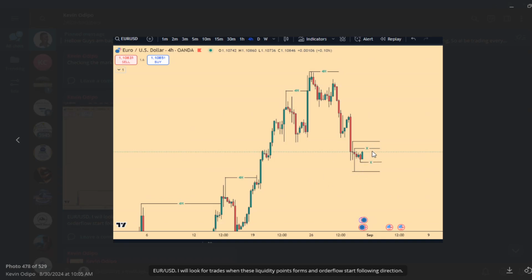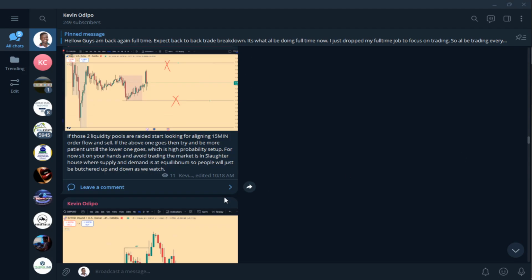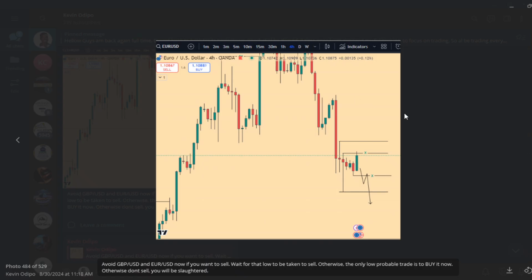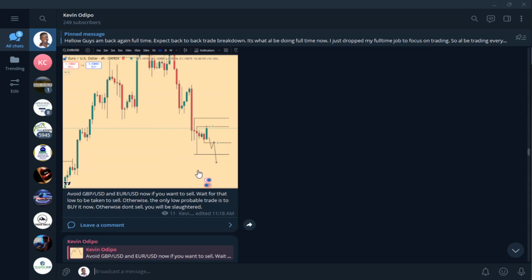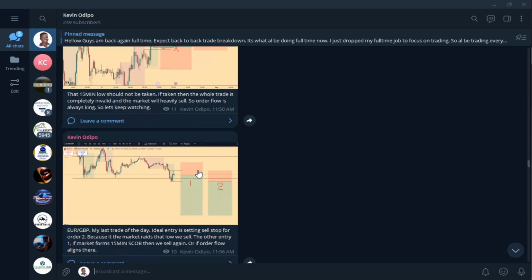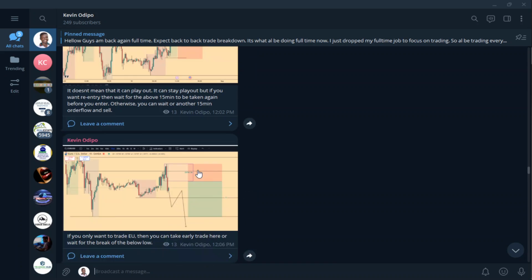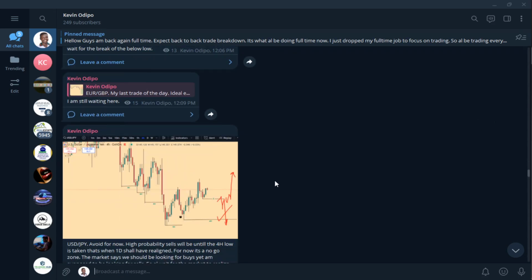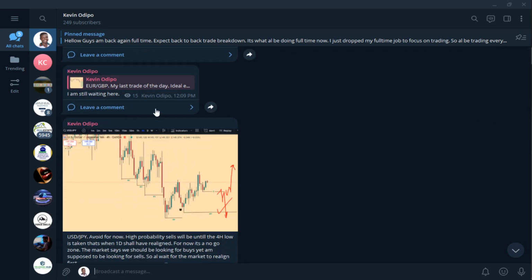So we took the other one and came back, and we took some sales. So this one was me explaining that I wanted to take this down low, and then we keep selling. So this one was me giving people early entry. Anybody who wants early entry, you can take that one.